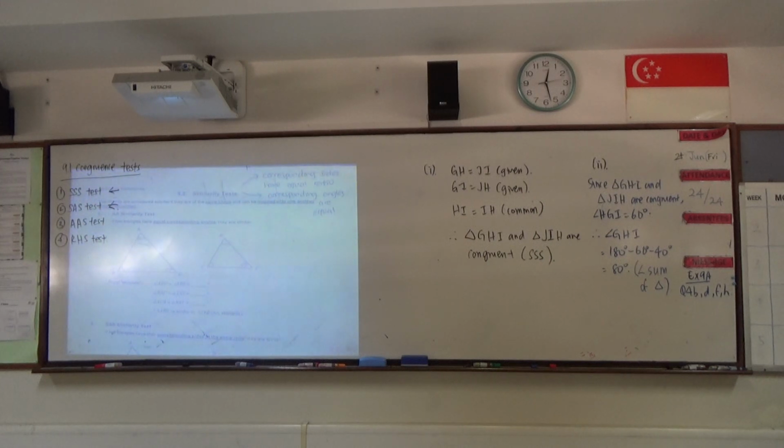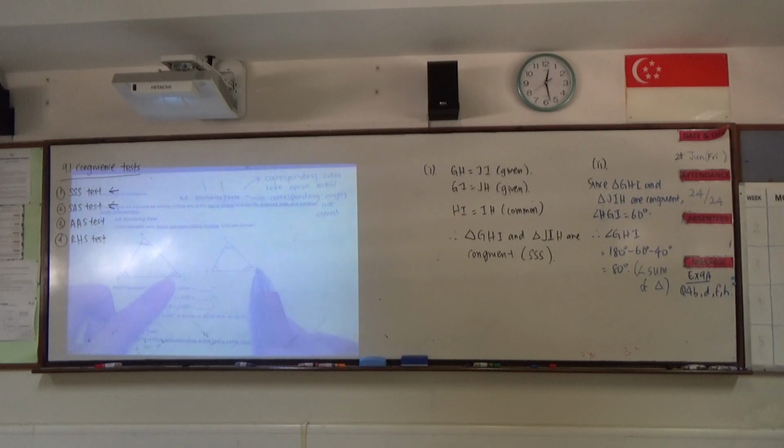Because corresponding angles are going to be equal, that is the reason why we have an AA similarity test. You can call it AAA similarity test, although it is not necessary actually. We only need to find 2 corresponding angles that are the same. The third angle will automatically be the same because we use the angle sum of a triangle to deduce that it will be the same angle. So that is why AA is sufficient already.